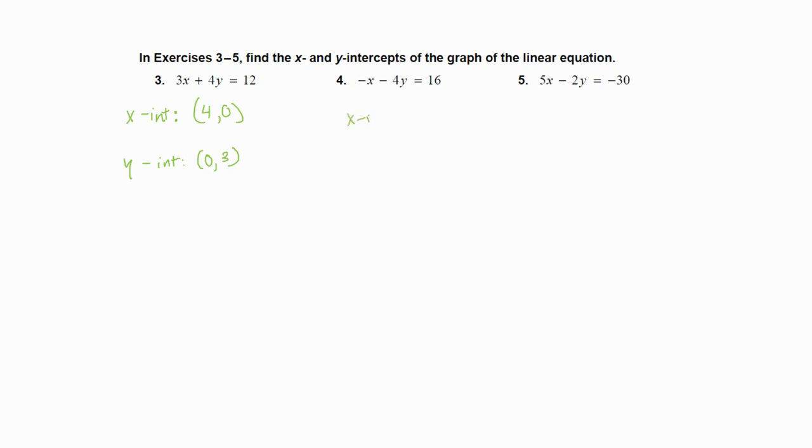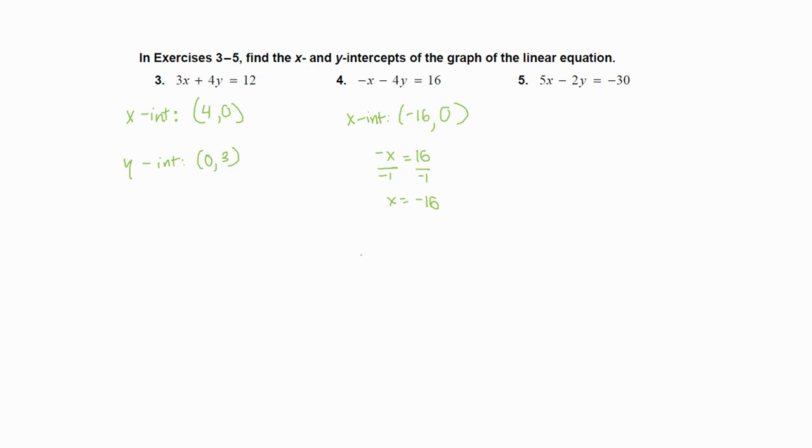Let's start with the x-intercept. We can start by saying when it's the x-intercept, the y's feel like zeros, so we put a 0 for y, and we solve for x. That would mean negative x equals 16, and we could divide by negative 1 to get our answer. x is equal to negative 16 on the x-intercept.